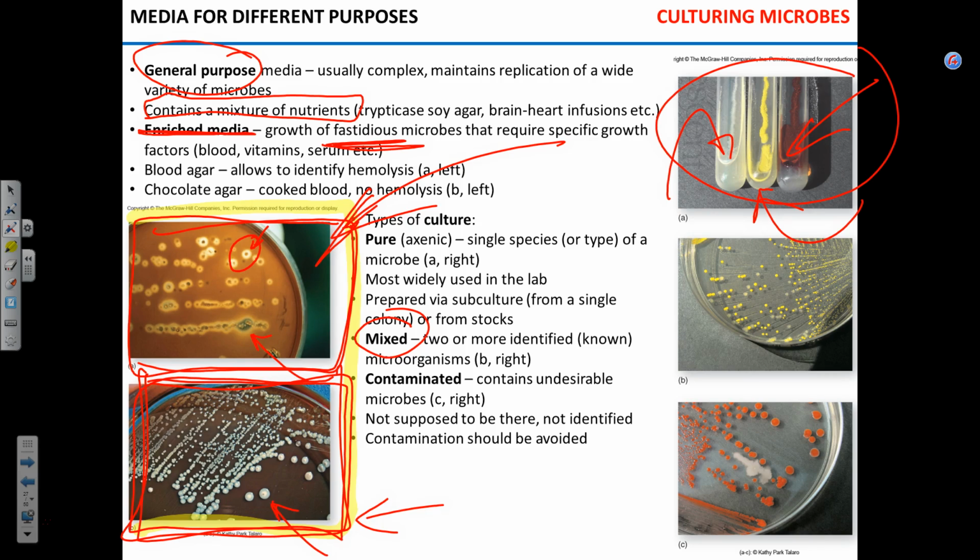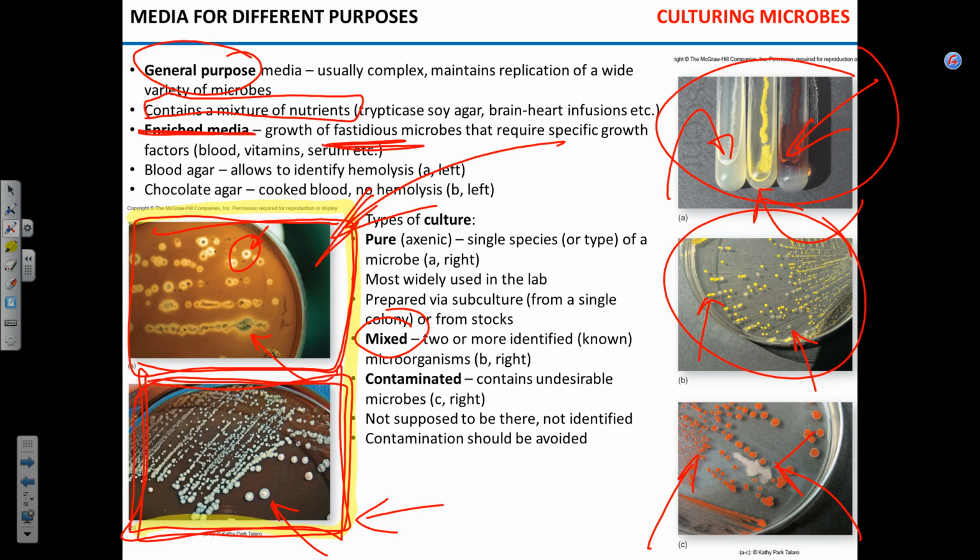Now, mixed culture is when you expect several species, like on this culture, when you see yellow micrococci and white E. coli. Now, contaminated culture is when you expect your culture to be pure, like this culture of Serratia, but it gets screwed up by some unidentified contaminant, right?